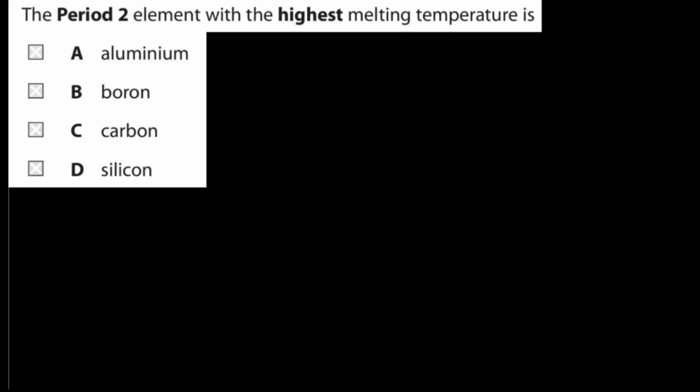The period 2 element with the highest melting temperature. So let's recall which elements are in period 2. Period 2 runs from lithium to neon.